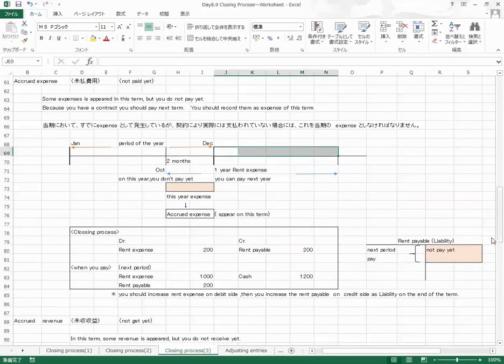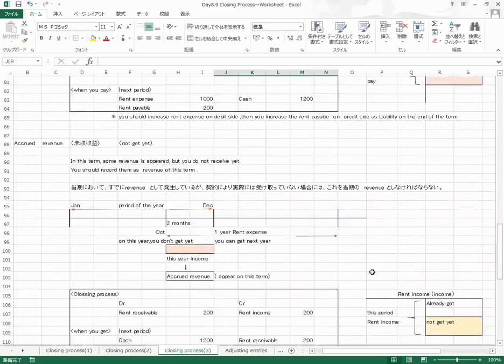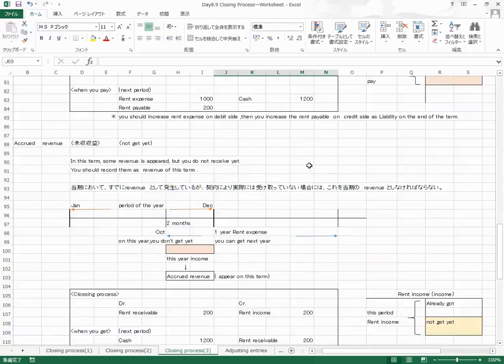はい。次。Next. Accrued revenue. Not get yet. っていうことですね。まだもらっていない。In this term, some revenue has appeared, but you have not received it yet.